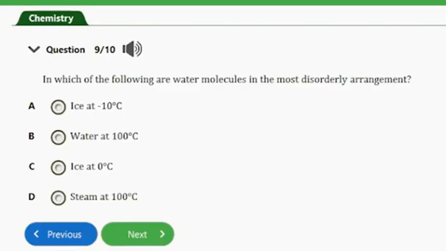So guys, this will be option D here, since the steam at 100 degrees Celsius will produce vapor, which is gas. So in that case, the gaseous form will always be the most disorderly arranged form. So in this case, option D is the correct answer to this question.